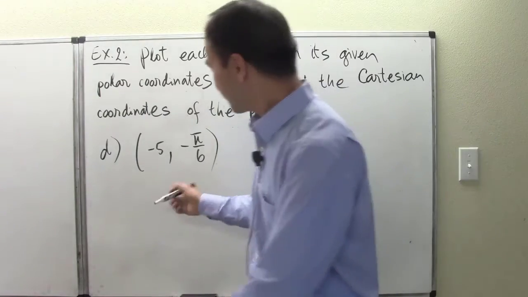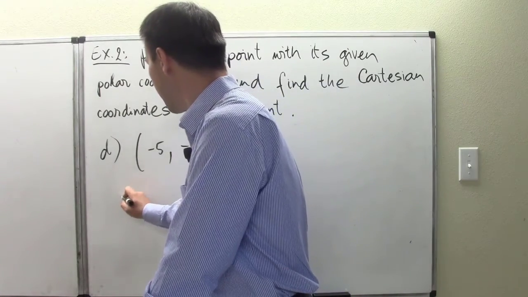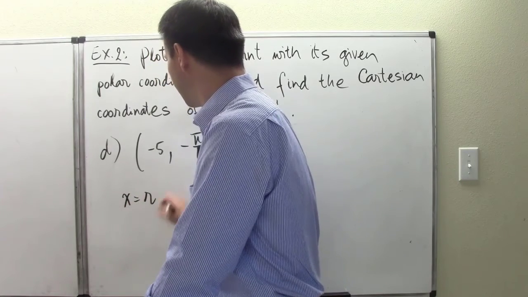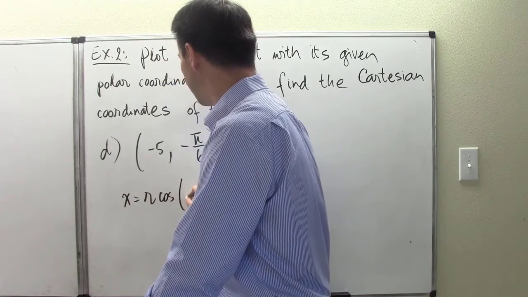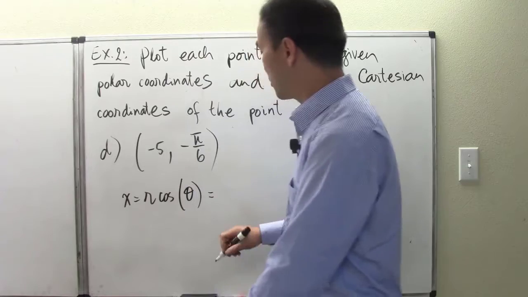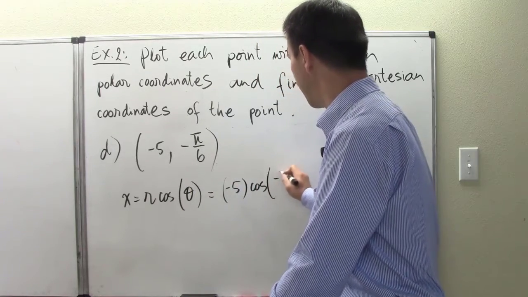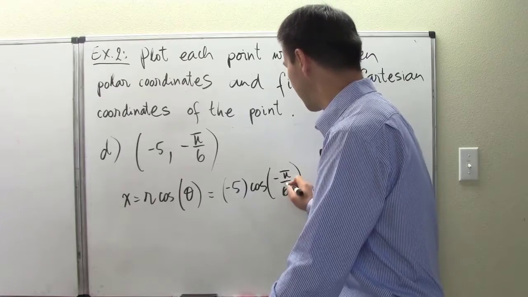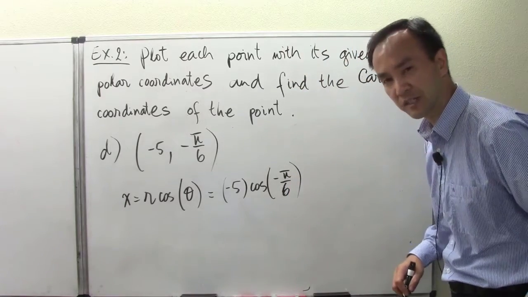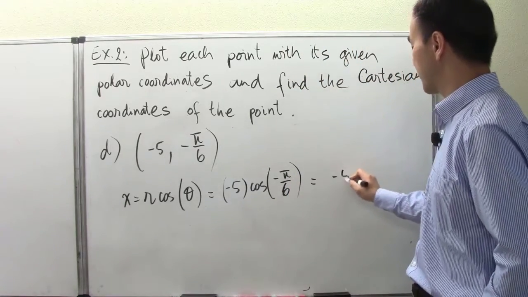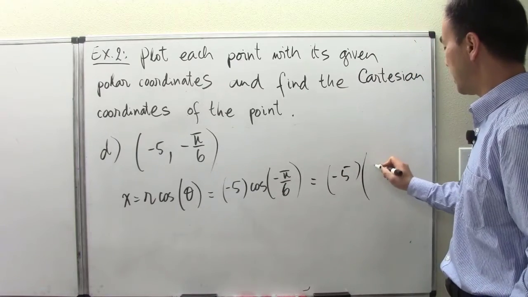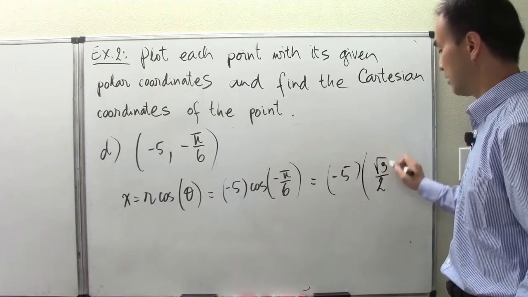Here I'm looking at x equals r times cosine of theta. That is going to give me negative 5 times cosine of negative pi over 6. And cosine of negative pi over 6 is the same as positive square root 3 over 2.